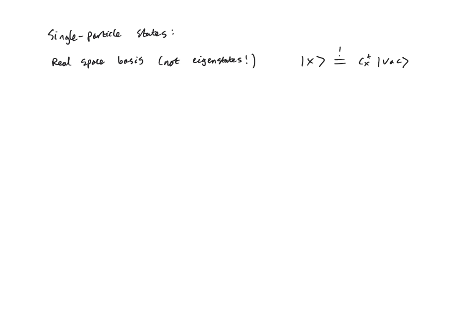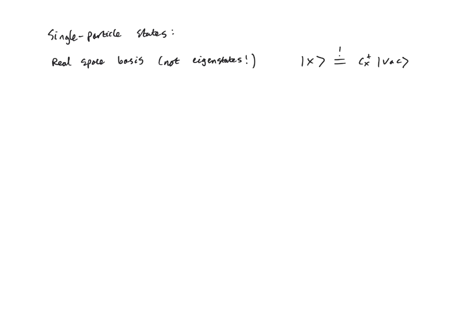This is not an eigenstate of this Hamiltonian, because the kinetic energy tunneling term will allow the electron to move from orbital x to orbital x plus or minus 1, and then once it's in orbital x plus 1, it can move to x plus 2, and so on. So these are not eigenstates of this particular Hamiltonian, but they are single particle states in the real space basis.